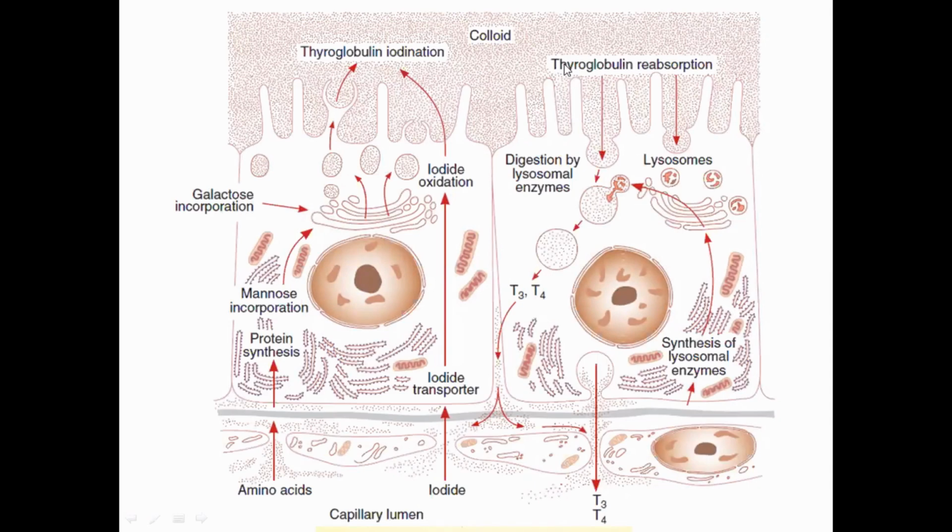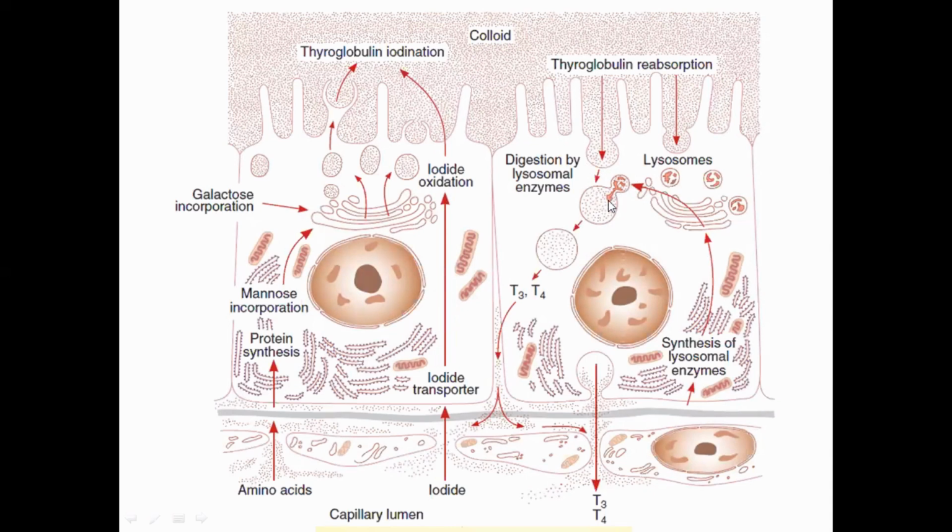After the formation of iodothyronine and iodotyrosines bound to the thyroglobulin molecule, they enter the cell from the follicular lumen and meet the lysosomes.